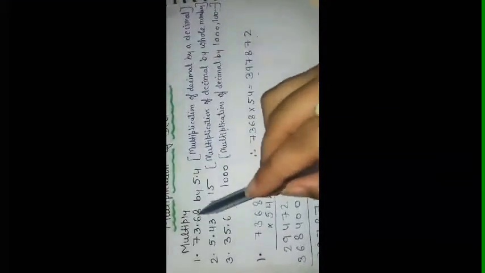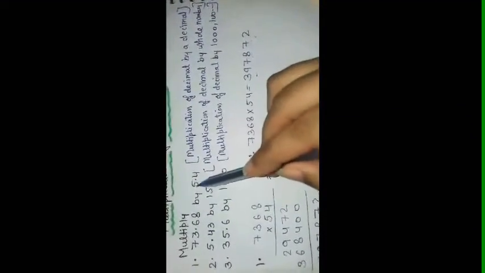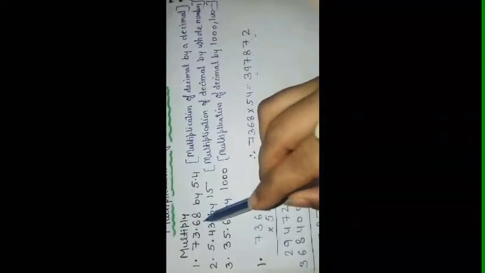Now 7368 multiplied by 54, and the product is 3,97,872.